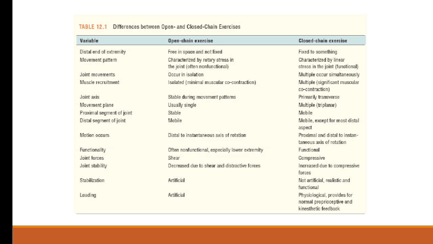Joint stability is decreased due to shear and distractive forces, and it is increased due to compressive forces. Stabilization is artificial in open chain, and closed chain is realistic or functional, and loading is artificial in case of open chain and physiological in case of closed chain exercises.